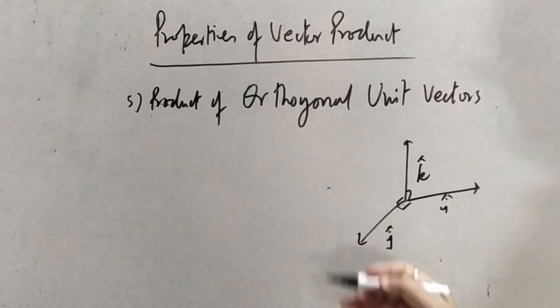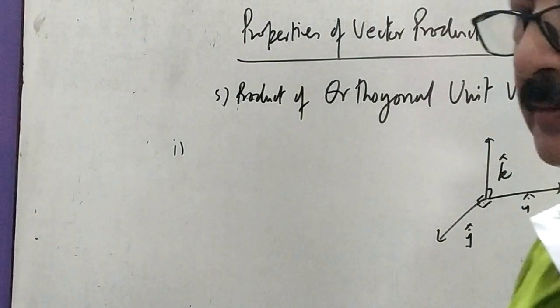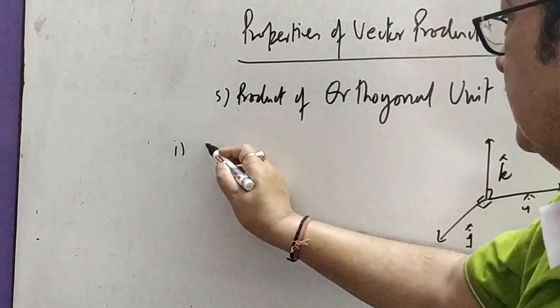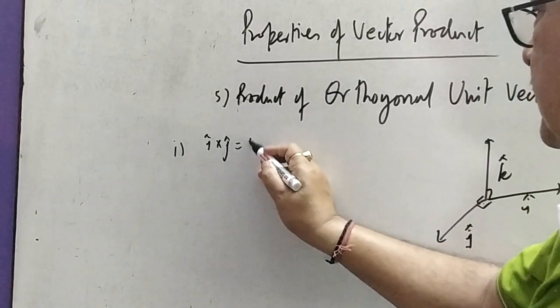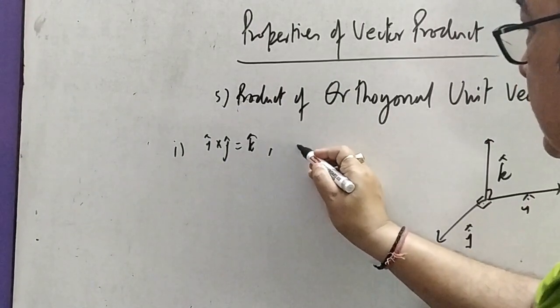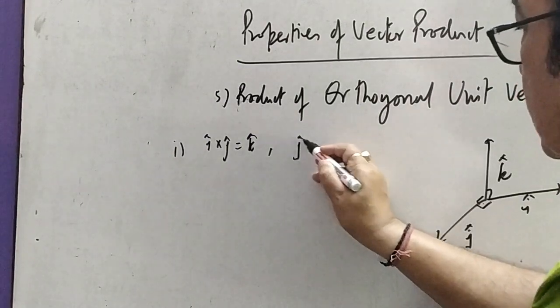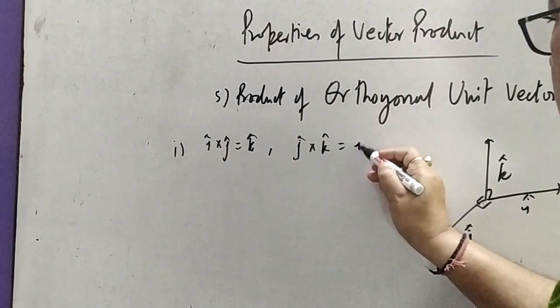There are some conditions. What are the conditions we have to write? 3 parts. Number 1, we write i cross j equal to k. They are always in cyclic order. Then j cross k equal to i.